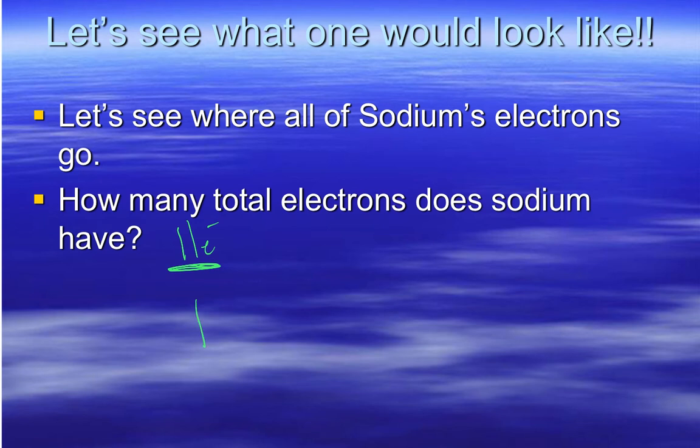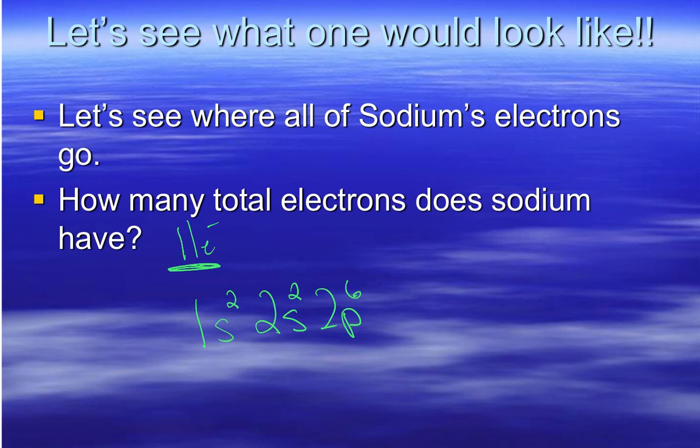My first energy level is 1s, and it can hold up to 2 electrons. Then my next energy level contains 2s and 2p. The 2s can hold 2 electrons, and the p can hold 6 electrons. How many electrons is that right now? 2, 4, 10.